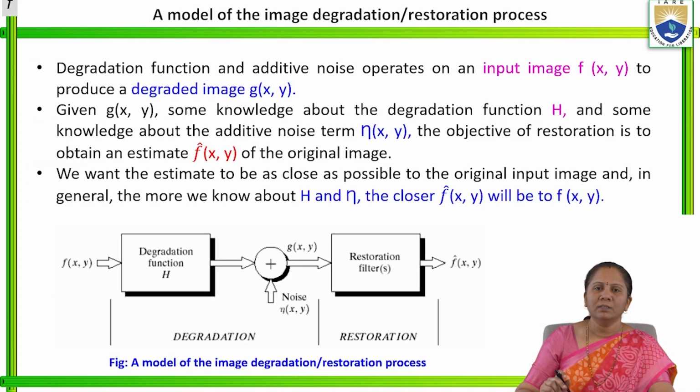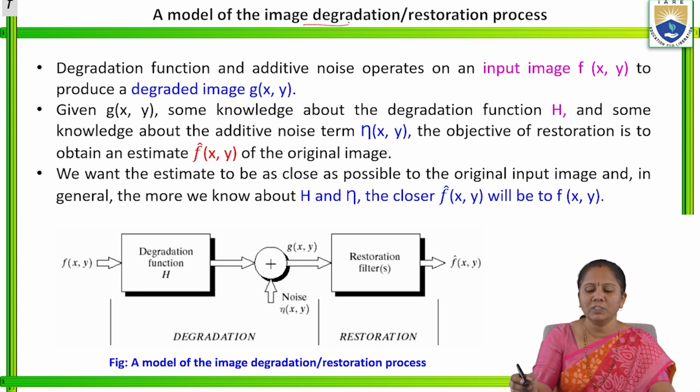Coming to the first topic, the model of image degradation and restoration process. If we look at this block diagram, it is developed with two stages. One stage is degradation and the second stage is restoration.